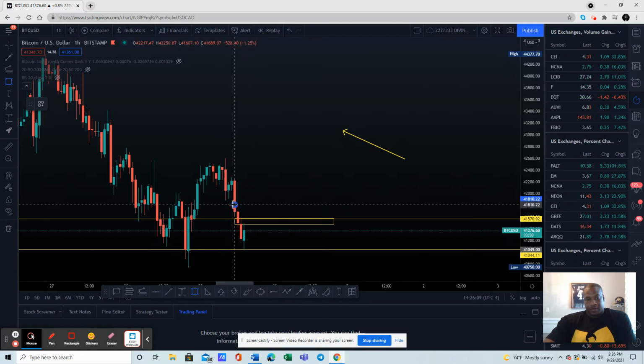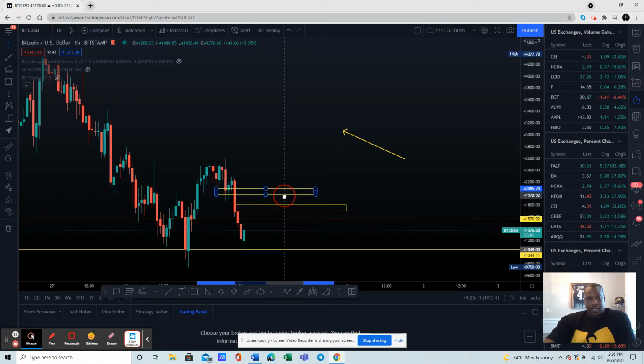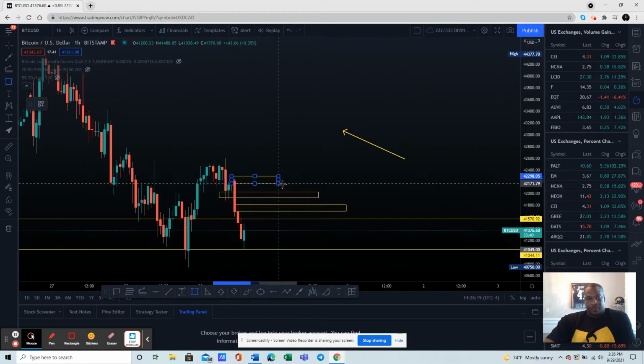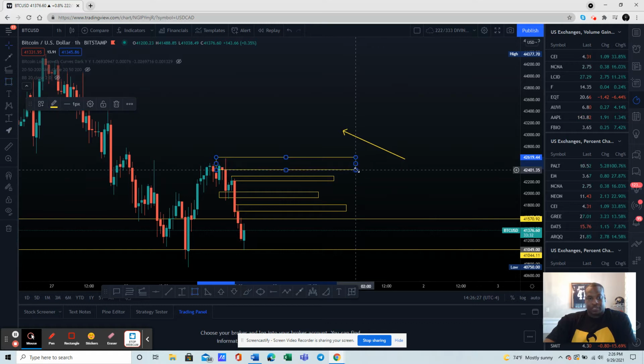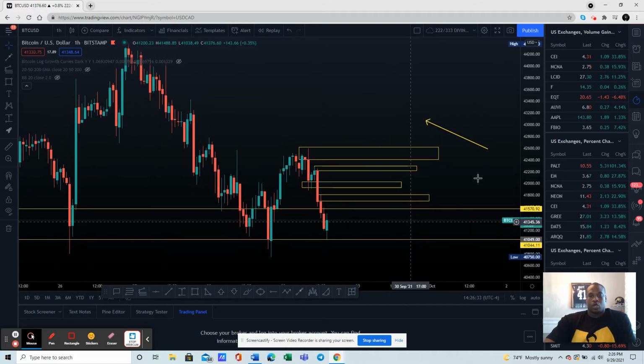I got this area. Sorry about that. We're gonna move this one, and I got that area right there, and I have this area. So now you see what I'm saying. It's not clean traffic. I got too many wicks that stand in the way, to where there could be a lot of rejection and turning points to continue lower.